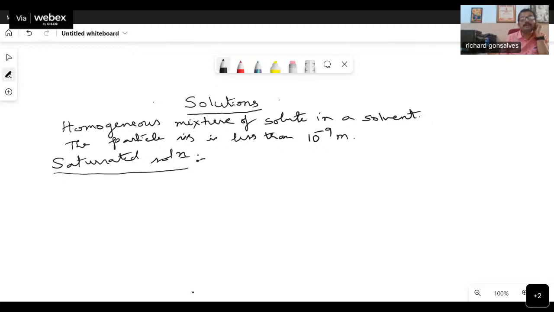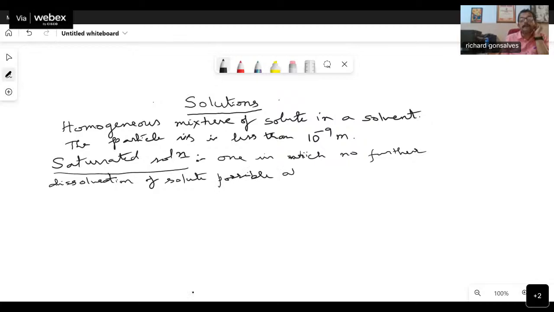Therefore, what is saturated solution? Saturated solution is one in which no further dissolution of solute is possible at a given temperature.